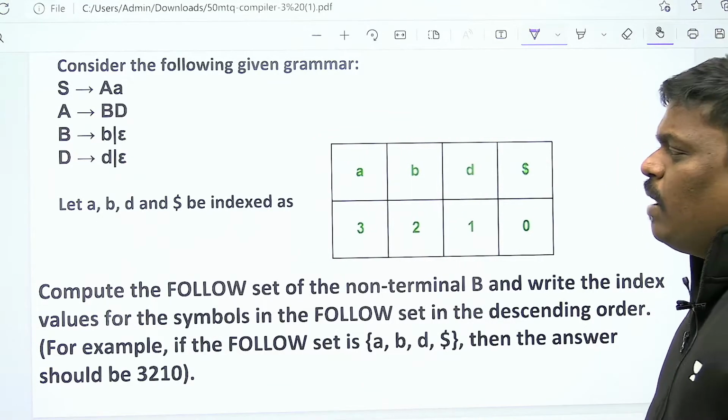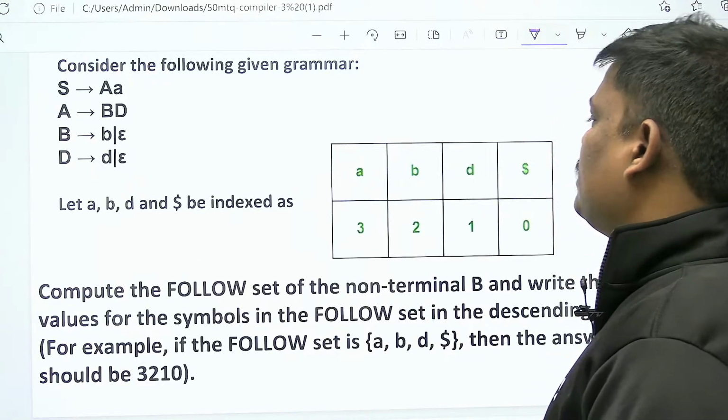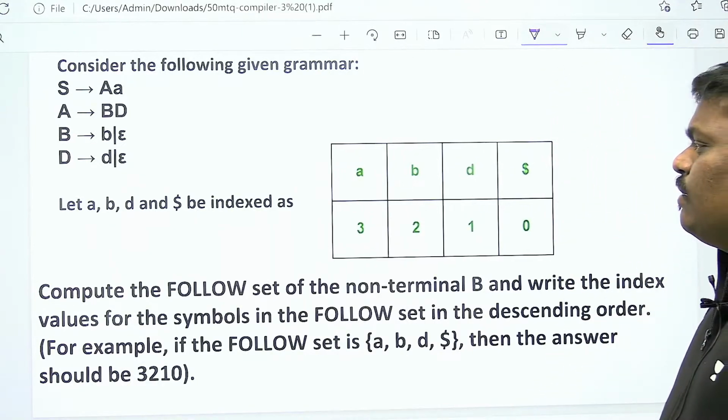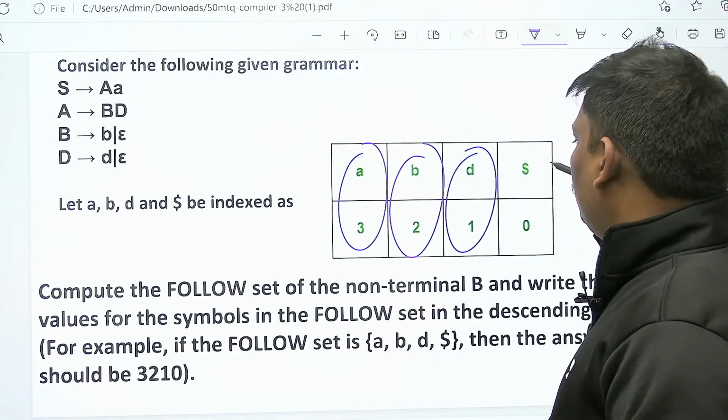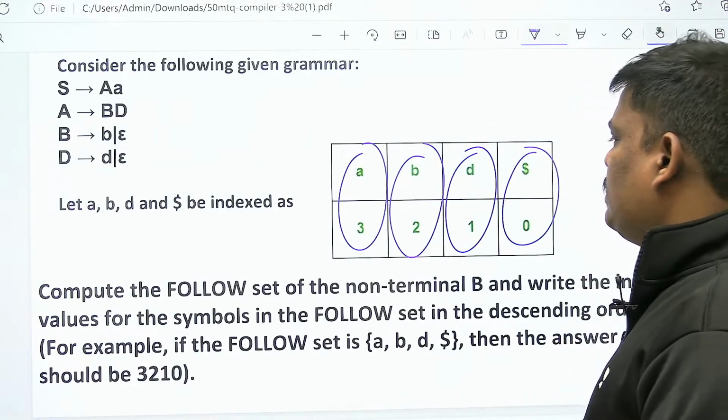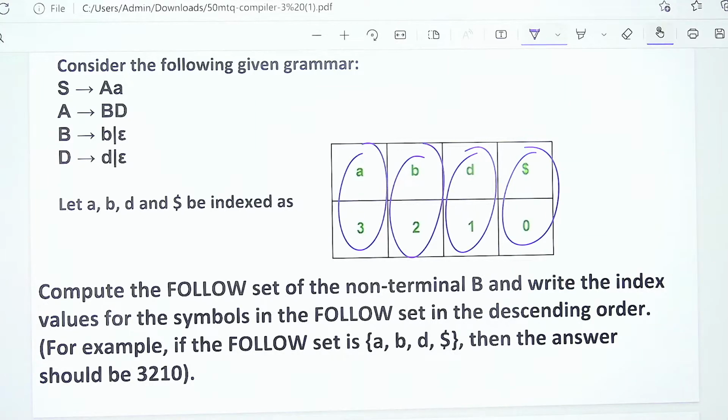Let A, B, D and $ be indexed as A means 3, B means 2, D means 1, and $ means 0. Just mapping it: A is 3, B is 2, D is 1, $ is 0.